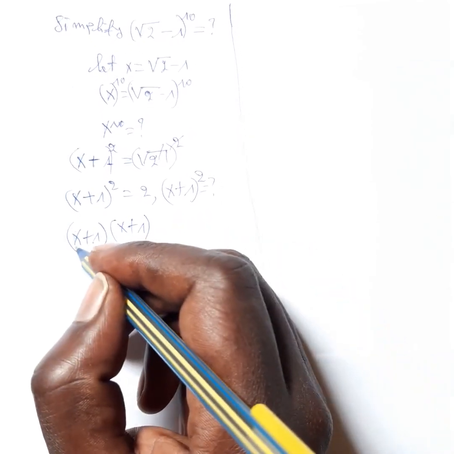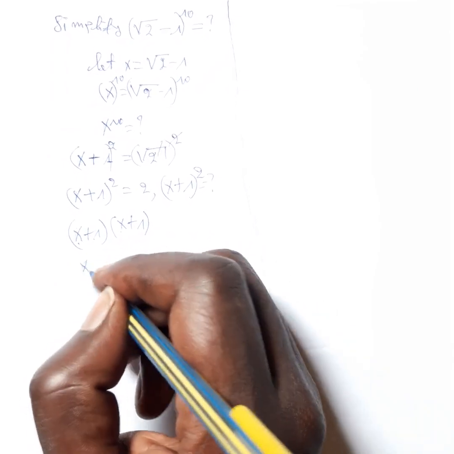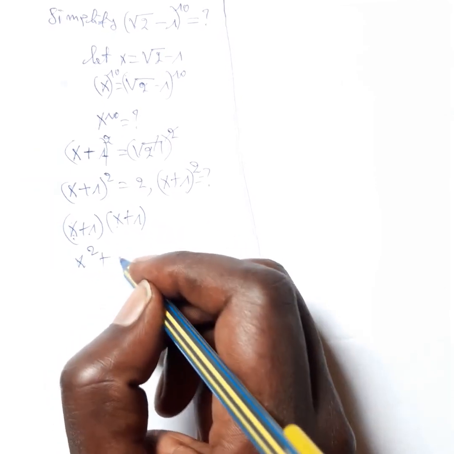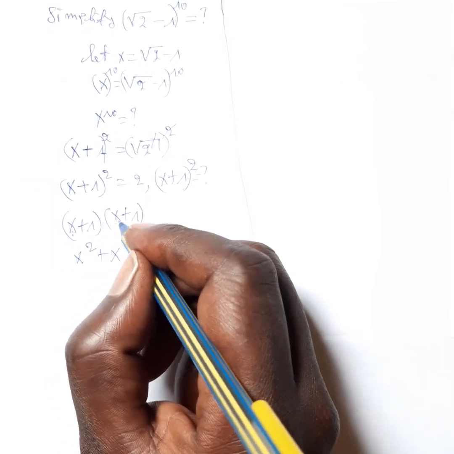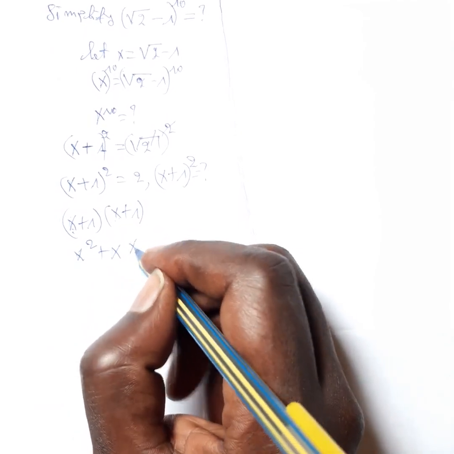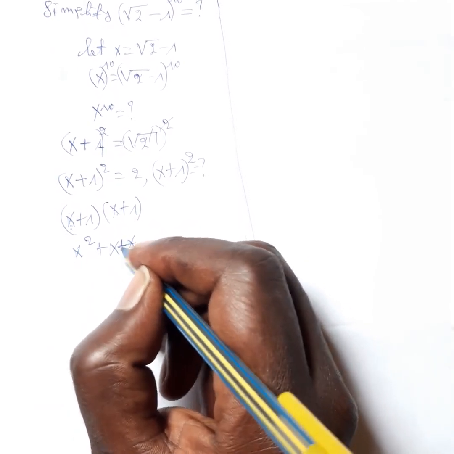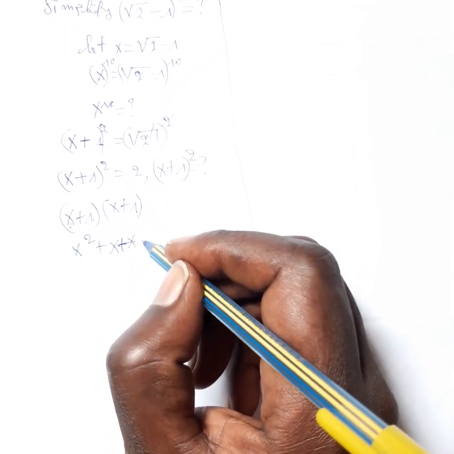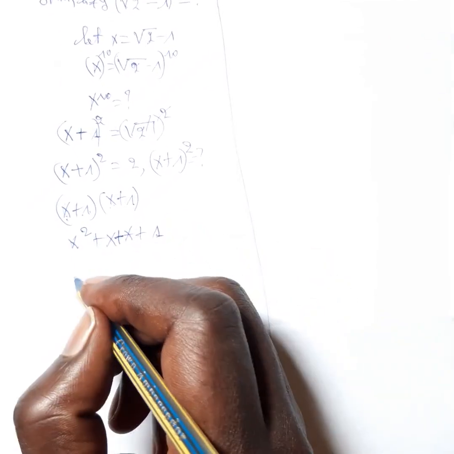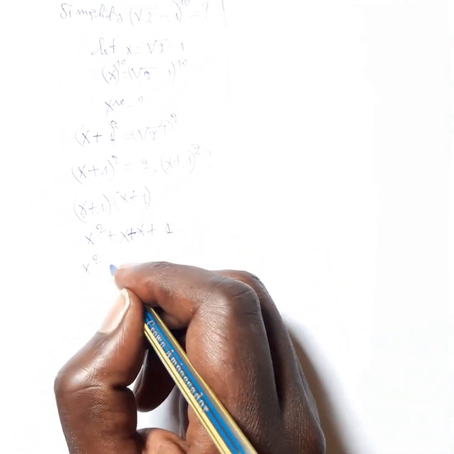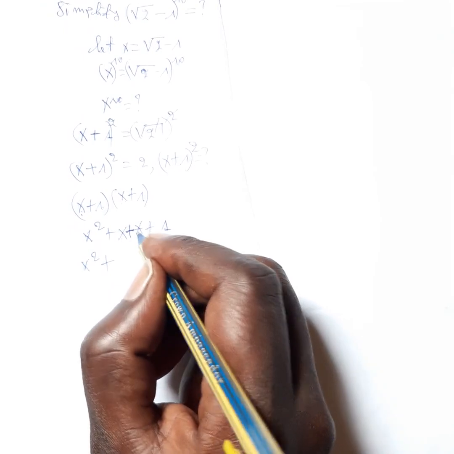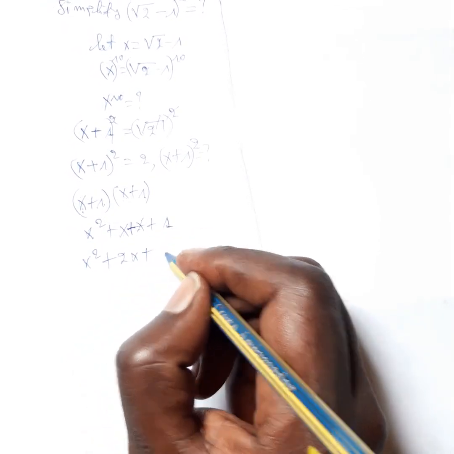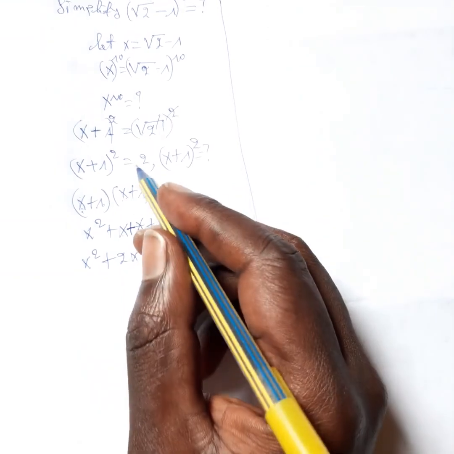It will be x times this one, x squared; x times 1 plus 1 times x, which gives x, so here we have plus; then 1 times 1, which is 1. So we have x squared plus x and x, which is 2x, then plus 1, equal to 2.